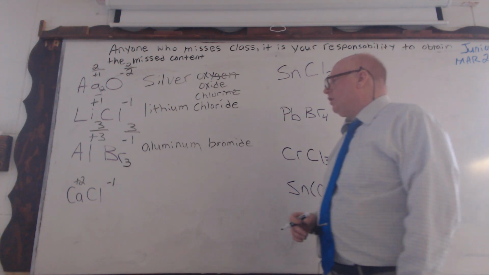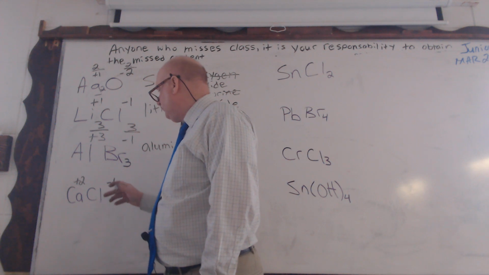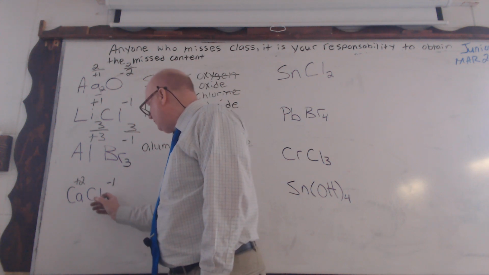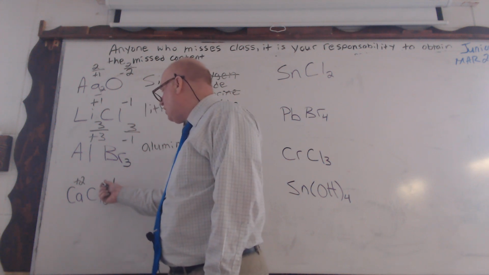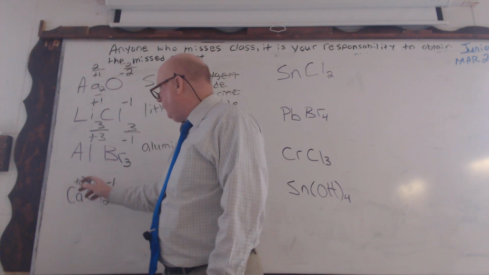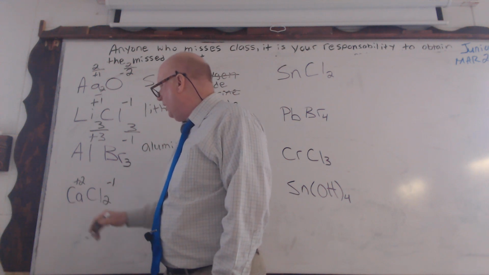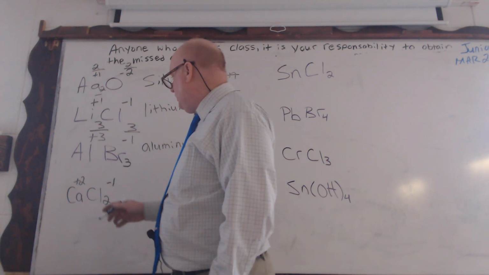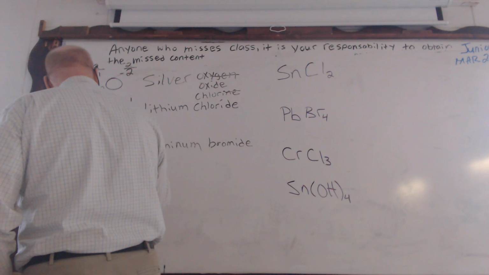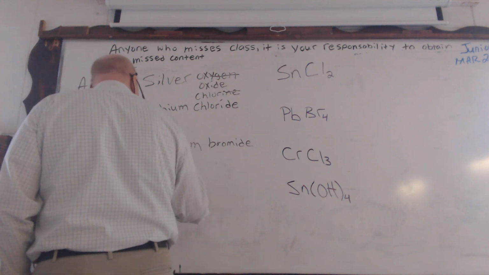So then 2 divided by 1 is 2. Again, that's just a charge. It's not assigning a value. Then what is 2 divided by 2? 1. And we've got 1. So Ca is what? Calcium. So calcium chloride.